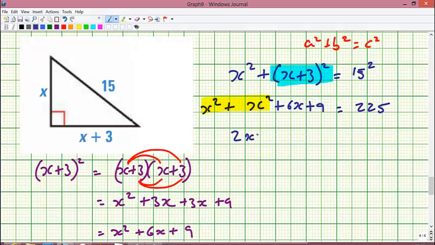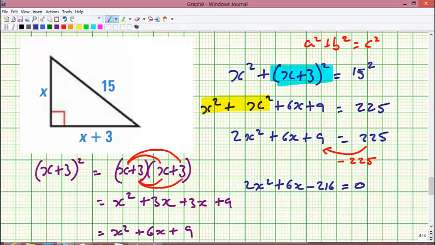So 2x squared plus 6x plus 9 equals 225. Let's balance our equation, so we need to subtract 225 from each side. So 2x squared plus 6x minus 216 equals 0, and we need to solve that.